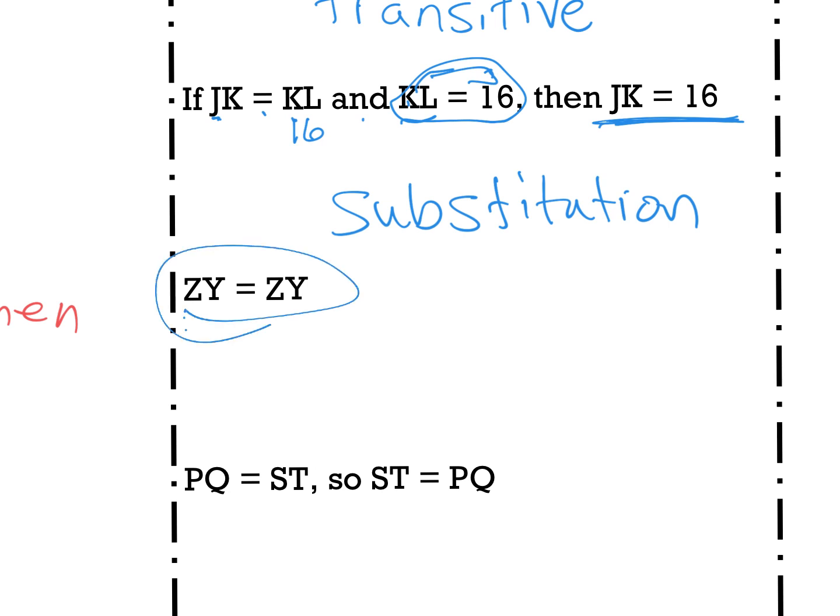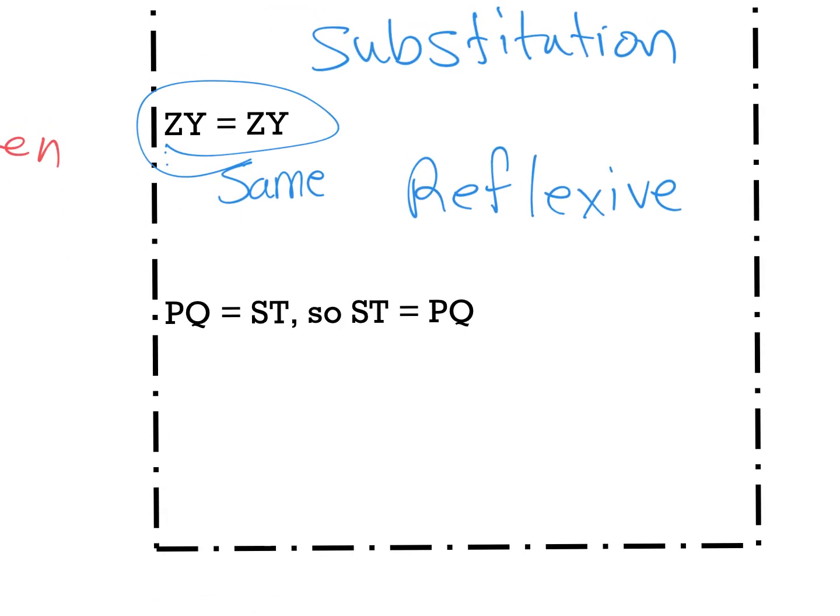They're both exactly the same. So if they're the same, what are they? Reflexive. Okay, so let's look at this one. PQ equals ST. So ST equals PQ. So what's happening? It is switching. So it is symmetric property.